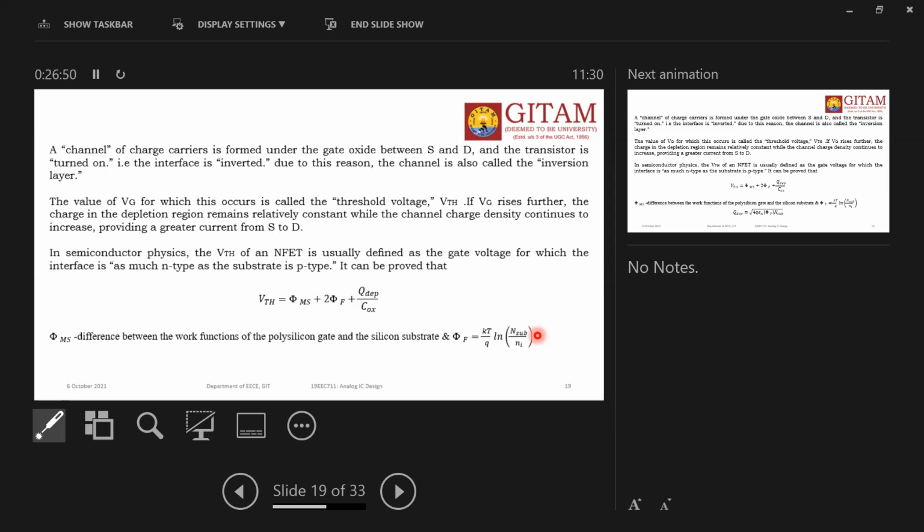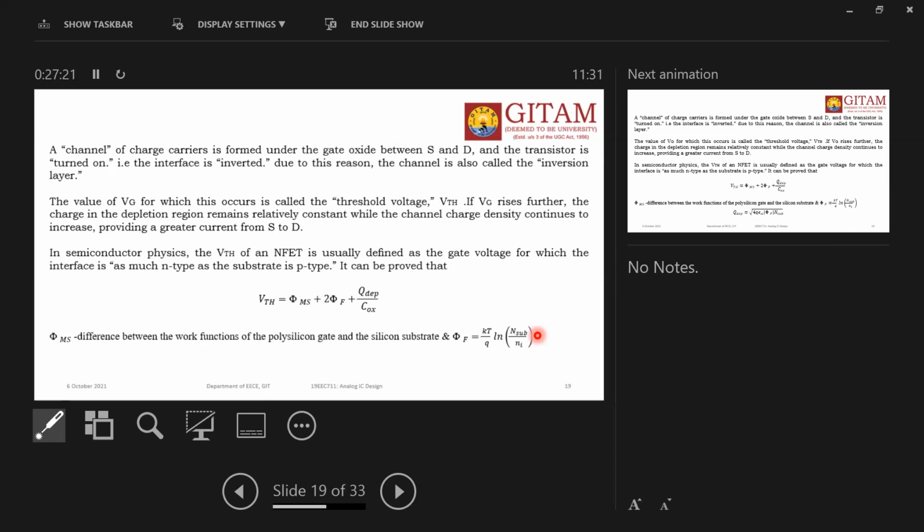And Φf is the flat band work function. Φf is equal to kT by q times ln of N sub by ni, where k is the Boltzmann constant, T is the temperature, q is the electron charge, and N sub is the substrate doping. Substrate doping means: earlier it is an intrinsic semiconductor, which is neither p-type nor n-type.